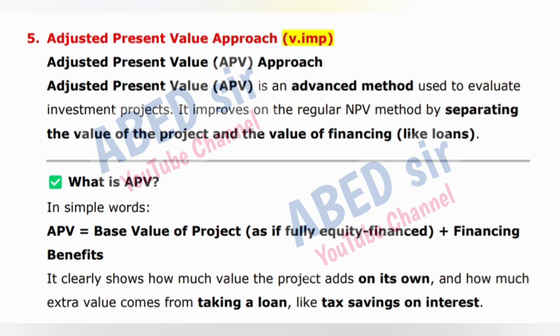What is APV? In simple words, APV is equal to base value of project, as if fully equity financed, plus financing benefits. It clearly shows how much value the project adds on its own, and how much extra value comes from taking a loan, like tax savings on interest.